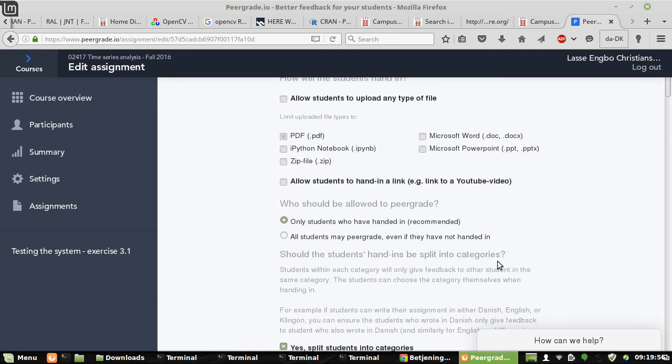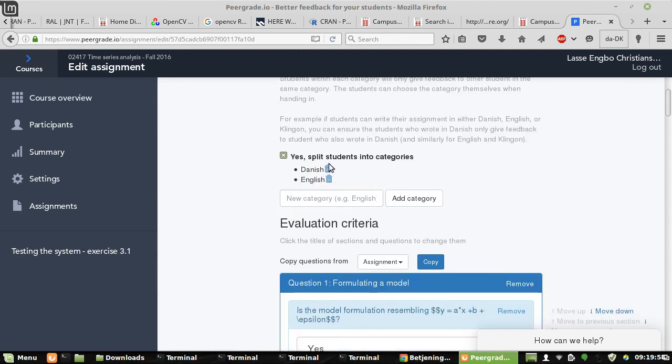In the peer review system, there is a way to split students into categories, and there's a category for English and for Danish. So at first, I will do this and hope that it works out. If too few are answering in Danish, I may have to do something. I haven't actually figured out how to do that if it is a problem.